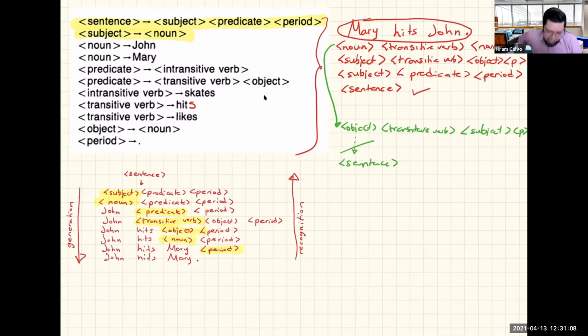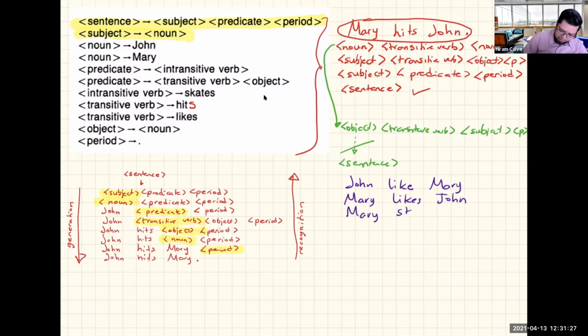So beginning with sentence, we can choose: John likes Mary. Mary likes John.